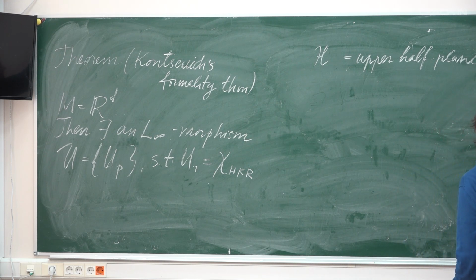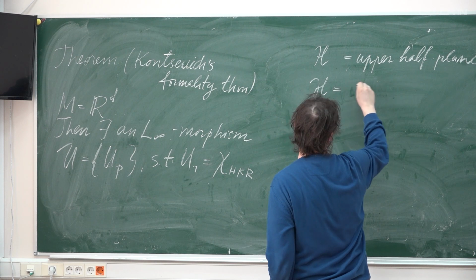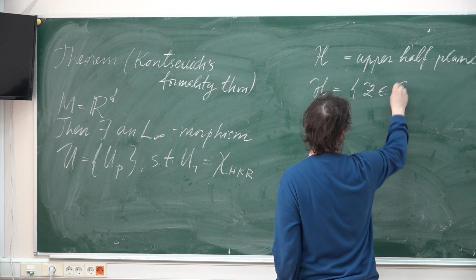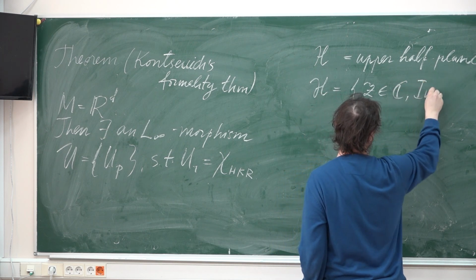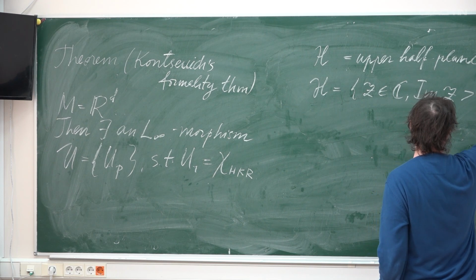That's to say, H is the set of all z in C such that the imaginary part is greater than 0.